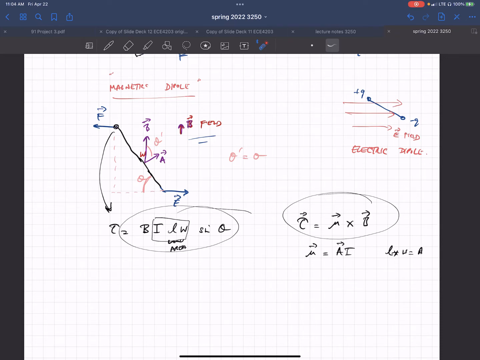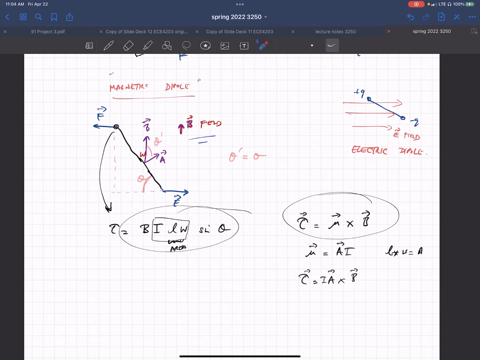Okay, it's going to try to rotate this guy till it sort of flattens it out. But that will only happen if you get to 0 torque. It only would happen if the area, so I'm going to redraw it here, tau is equal to A I cross B.